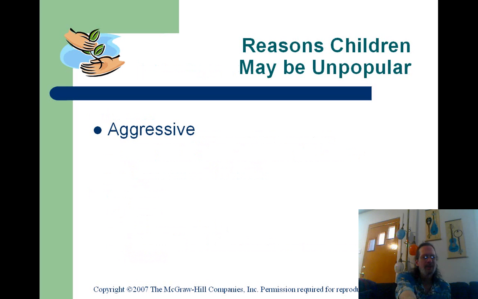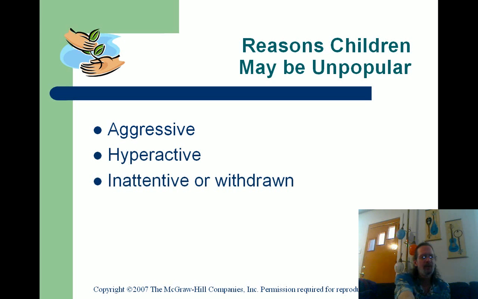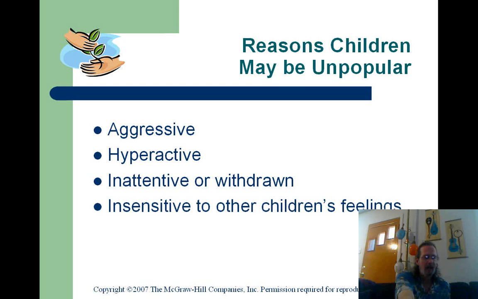Popularity is real important at this stage. There are a number of reasons why kids may be unpopular. They may be aggressive or hyperactive. People don't want to deal with them. If they're inattentive or withdrawn, it's difficult to communicate with them, and a lot of people don't want to go to the extra effort, or sometimes the kids don't want them to go to the extra effort to try to be friends.